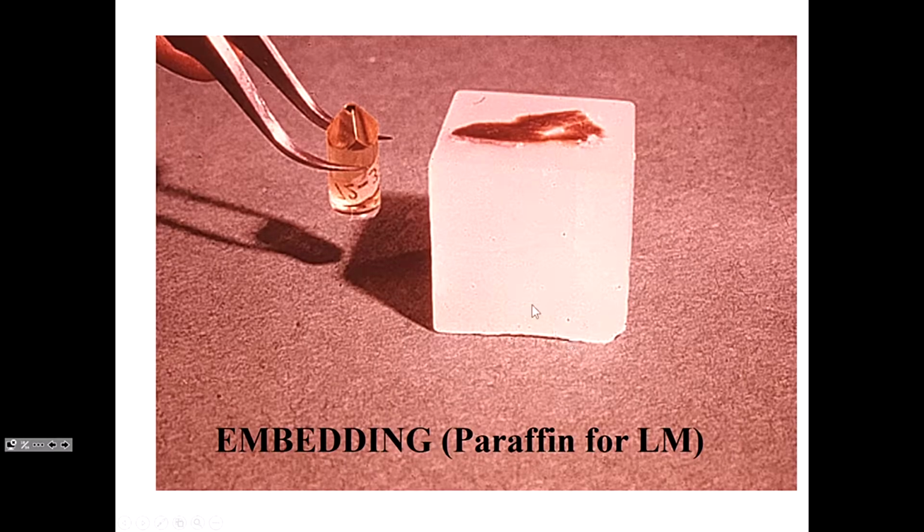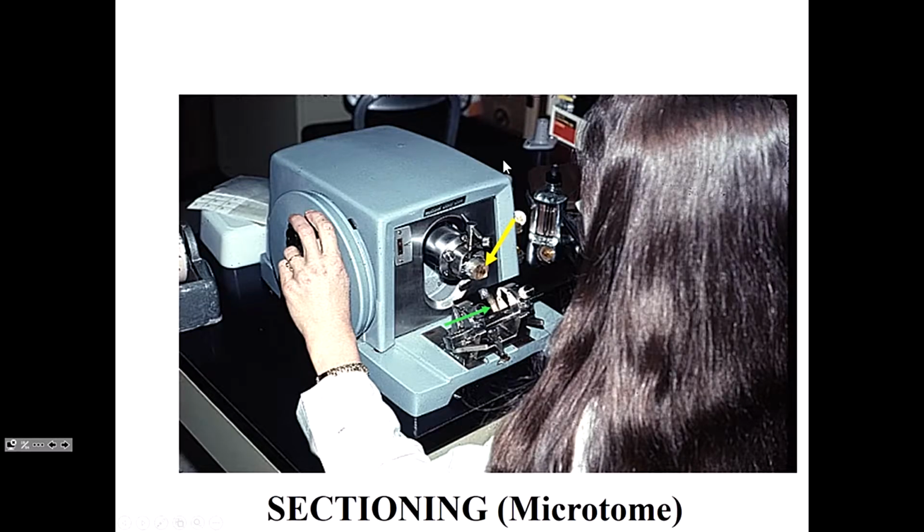Because then what we do is we take that xylene impregnated tissue and we put it into a block of molten paraffin wax, basically candle wax, okay? And then you let it harden. So now you've got this tissue impregnated with candle wax, and then we cut that block of paraffin embedded tissue on a microtome.